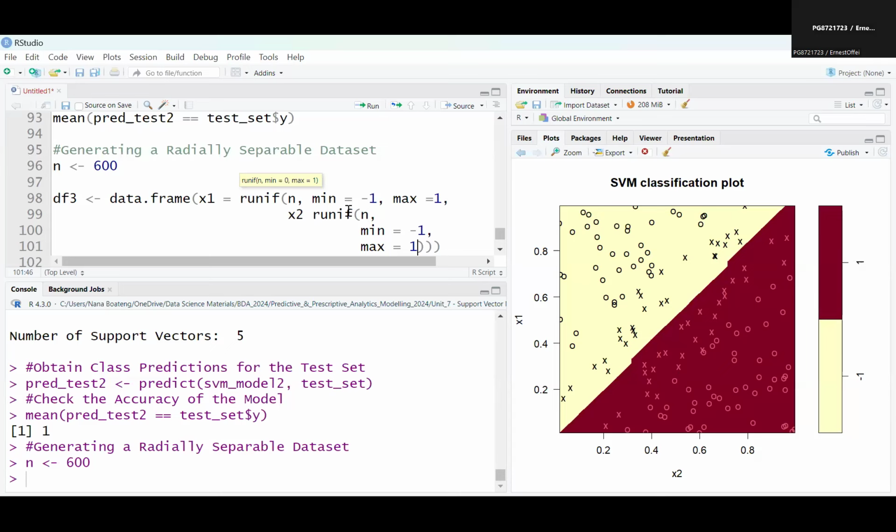Another equal to for x2. Yes, thank you. Okay, run it. Yes, I think we are fine here.